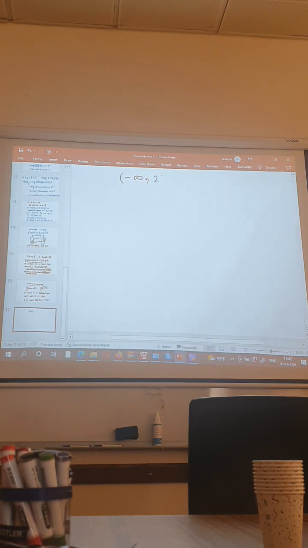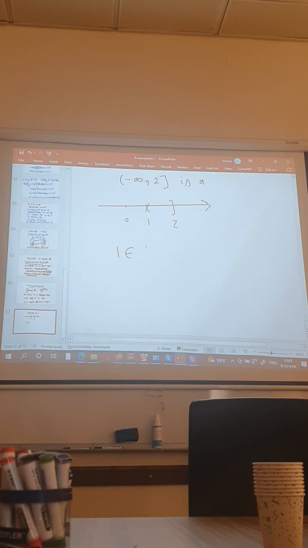You may consider this, okay? This set is a neighborhood of, for example, 2, 3, 4, not 3, 4. Okay? For example, 1, for example, 0. Okay? You can consider 1 is an element of this open set, minus infinity to 2 open, okay?